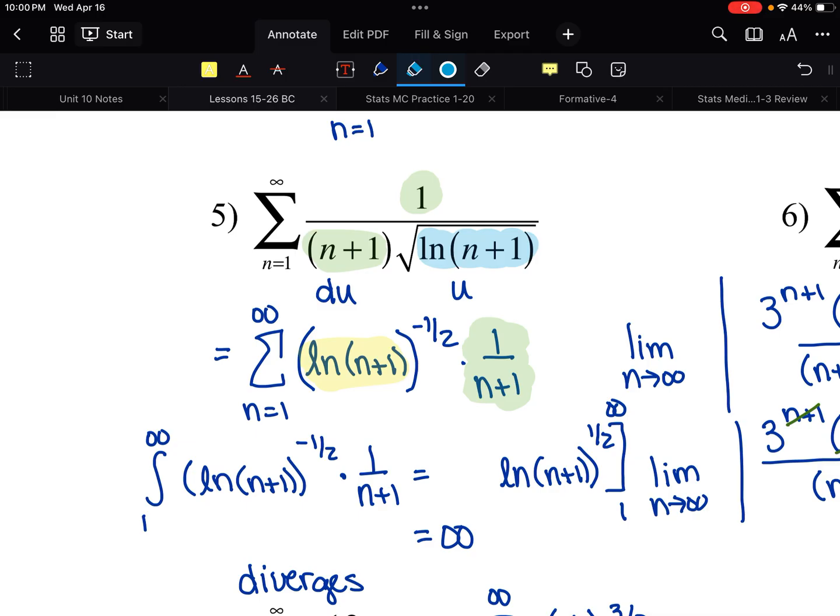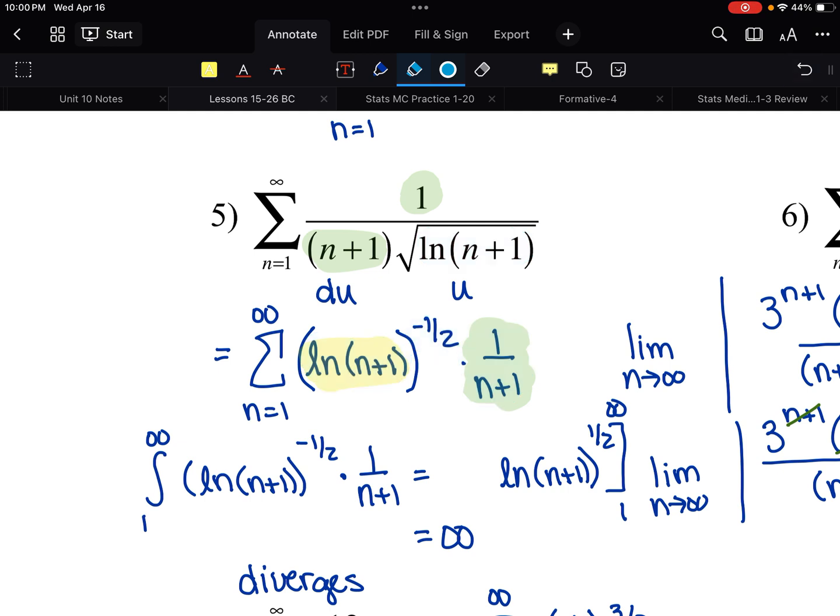Well, the derivative of natural log is 1 over itself, 1 over whatever you're doing the log of. So if I think of natural log as u, then 1 over that, the n plus 1, would be du. So basically this is a u to the negative 1/2 du kind of pattern.